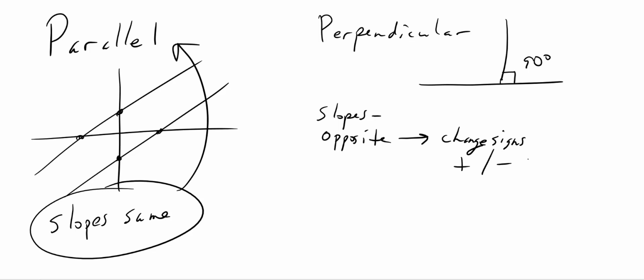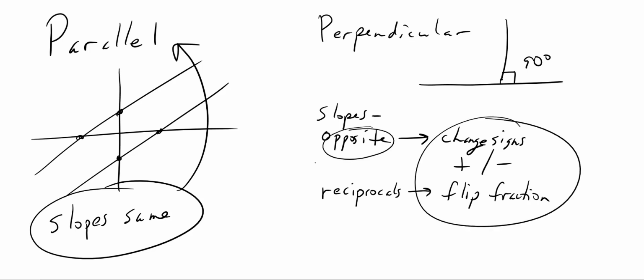The slopes are opposite and they're reciprocals. Reciprocal just means flip the fraction. You need both opposite and reciprocal. If you have both, we say the lines are perpendicular.